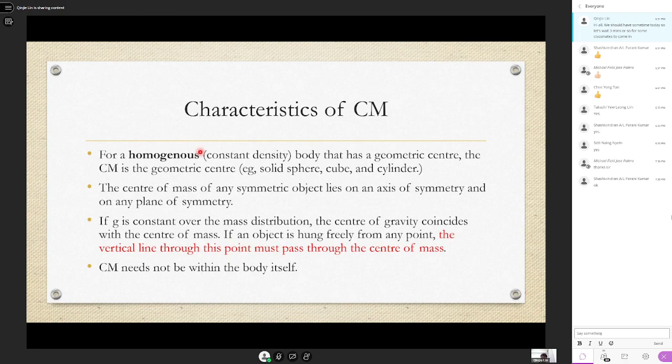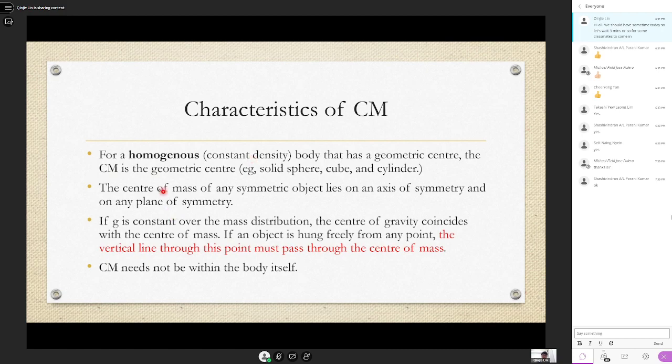The particles may have different arrangements along different parts of the bar. So if density is slightly different, then the object may not be homogeneous anymore. That means the CM may not be at the geometric center, maybe slightly off, depending on how off the density is.